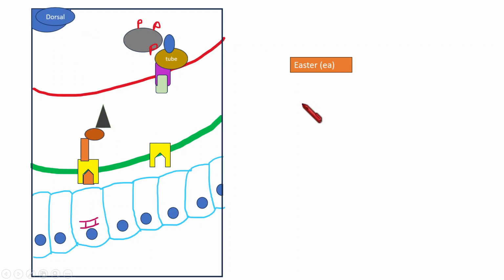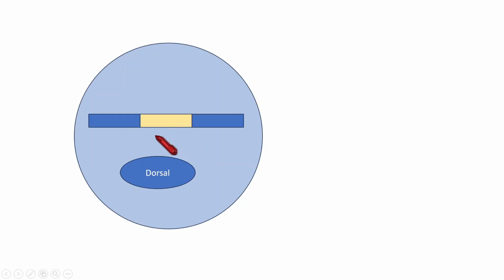Okay, next we are going to see what is happening inside the nucleus as the Dorsal enters inside. So here we can see the Dorsal that has entered inside the ventral nucleus, and it acts as a transcription factor and results in the transcription of certain genes. At the same time, it inhibits the transcription of some other genes.